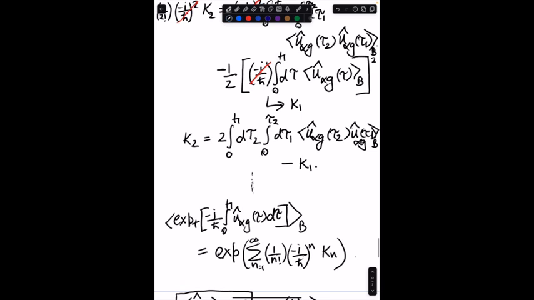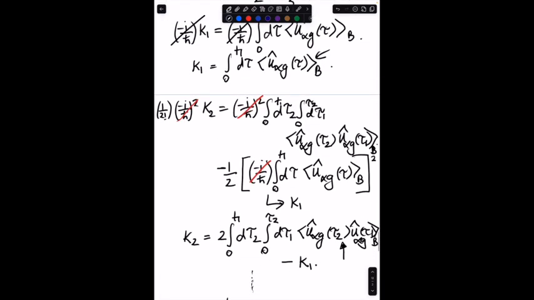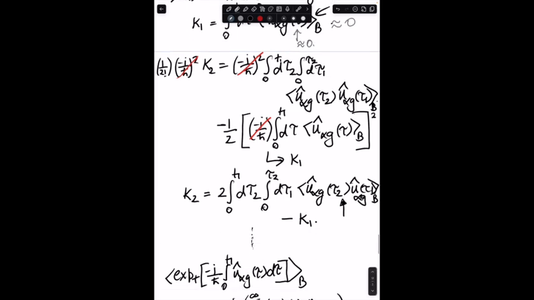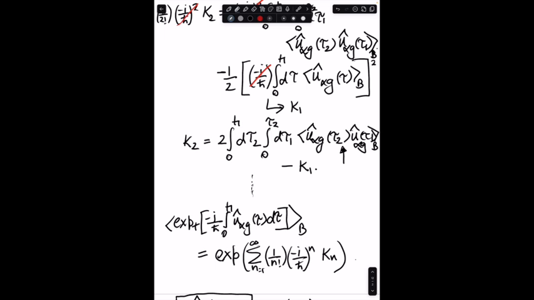Only the first cumulant and the second cumulant are considered. Since the mean is 0, we approximate K1 as 0, and hence K2 is equal to just 2 times this term.